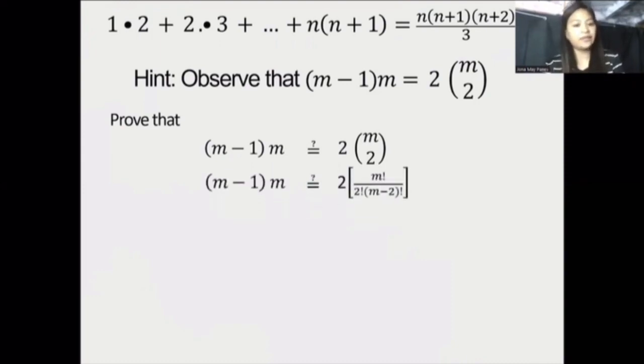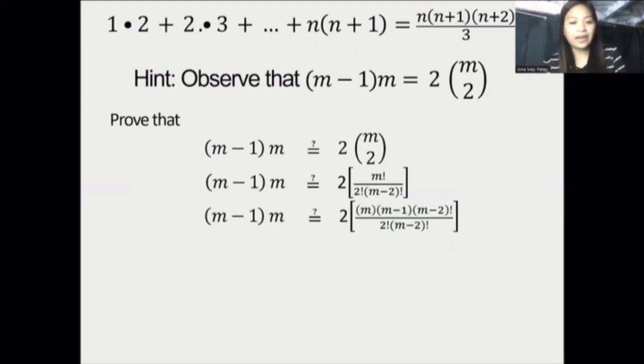So we will have the quantity of m minus 1 times m equals 2 times the quantity of m factorial all over 2 factorial times the quantity of m minus 2 factorial, from the combination formula n factorial all over k factorial times the quantity of n minus k factorial, where our n is equal to m and our k is equal to 2.